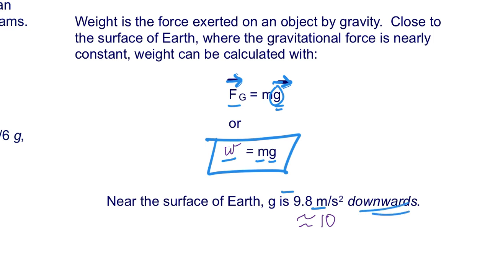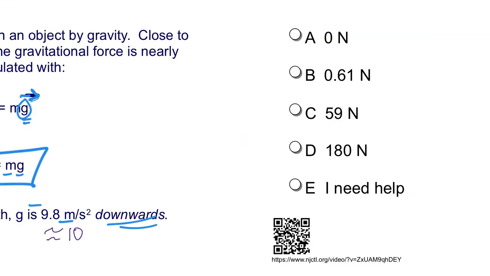Again, force of gravity is a vector. Its direction is downward. The acceleration that causes that gravity is downward, because the net force and the acceleration it causes are always in the same direction. Okay, so that's a really easy equation to use.